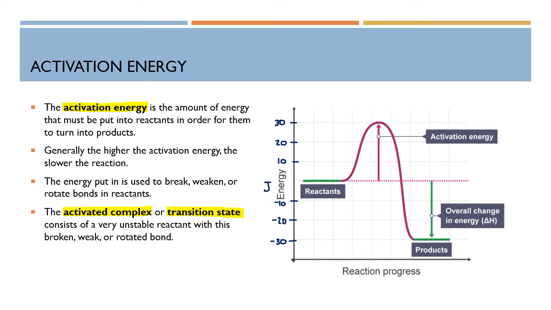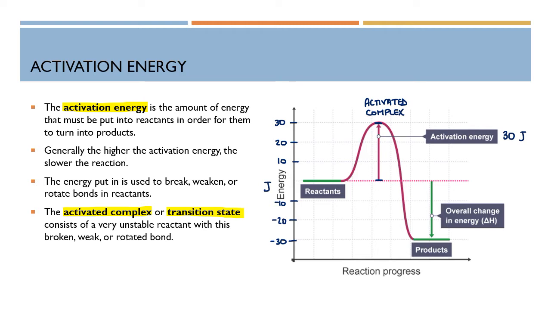So let's say we have all of these reactants together, and now we put some energy in. According to this chart, we have to put in 30 joules of energy just to get that molecule to have weakened or broken bonds so that it can react. Remember that new molecule that's formed is called the activated complex. We can never really isolate the activated complex because it's so unstable that it will want to form products as soon as it is created by putting in that 30 joules of energy.